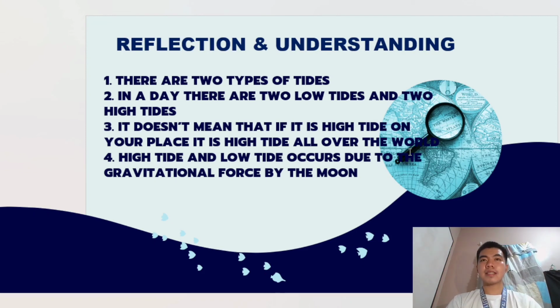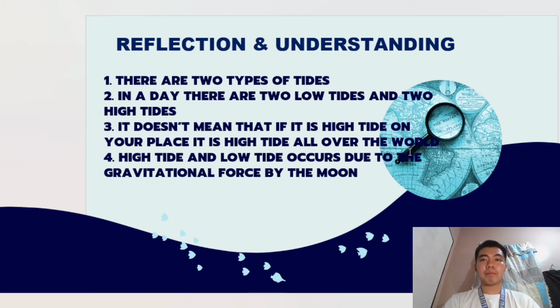And last understanding is that high tide and low tide occur due to the gravitational force of the moon. Before, when I was a kid, I was questioning myself where this high tide was coming from and where the water goes when it is low tide in our place.